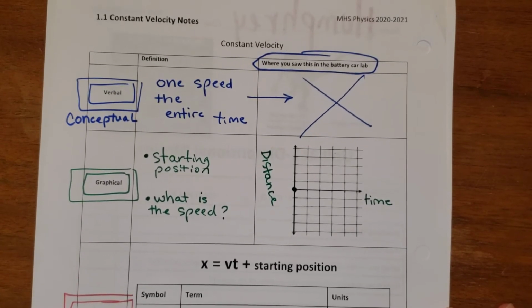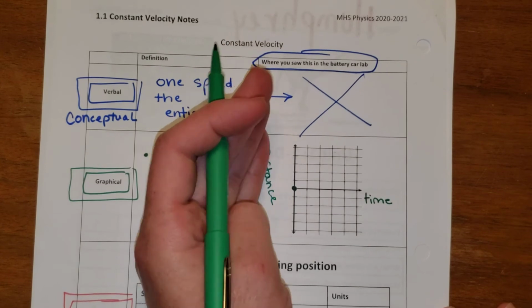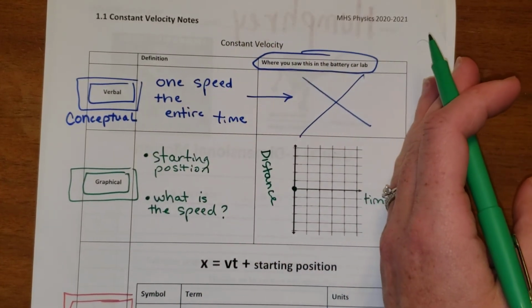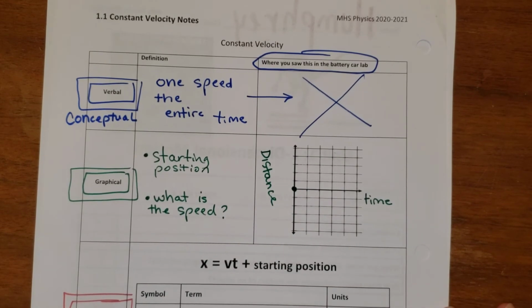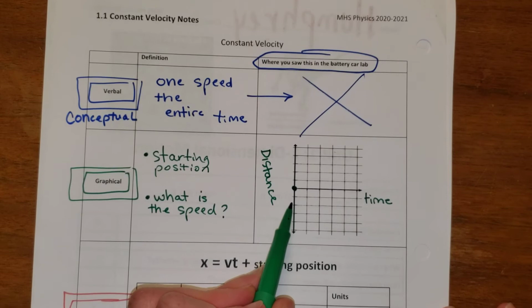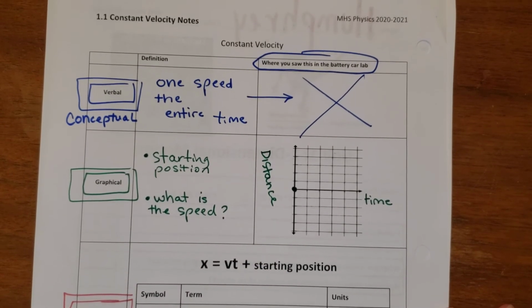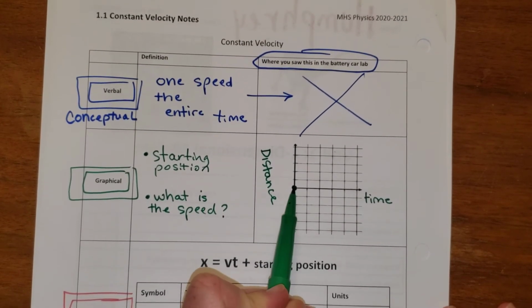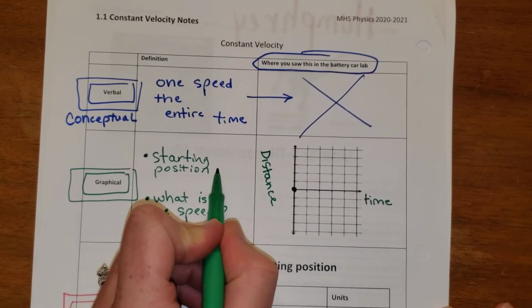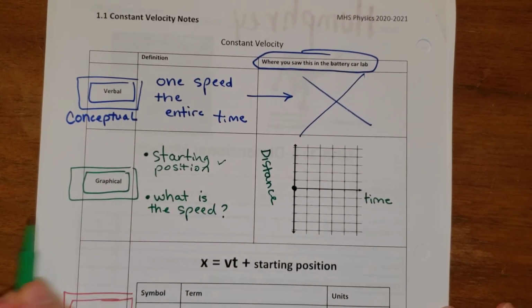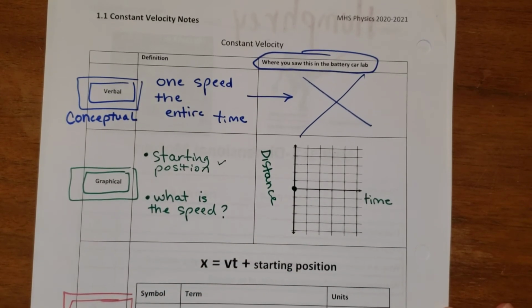I can choose to start at the starting point, or maybe I'm cheating a little and I'm starting in front of the starting point. That'd be up here. Or maybe I'm kind of the back of the pack for a race, and as a result, I'm starting a little bit behind the starting position. Most of our lines, though, will start right there. So that kind of checks off our what is the starting position. It's that y-intercept right there.